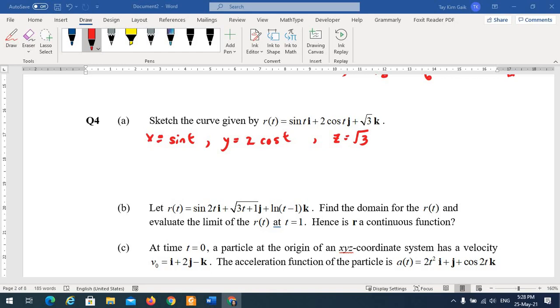And this ellipse is raised up at z equal to sec 3. Since they didn't give you the directions, normally you should have something like this, so that we can see the direction clockwise or anti-clockwise.